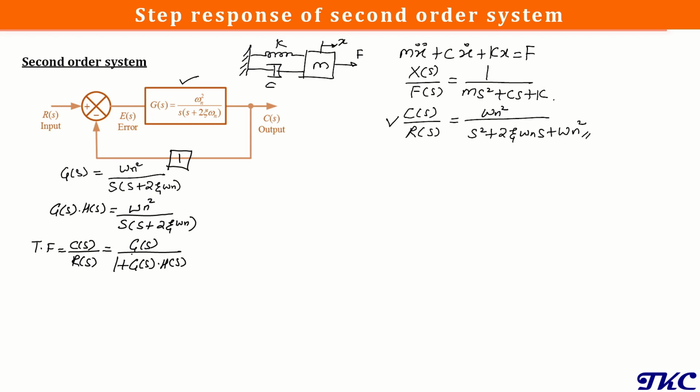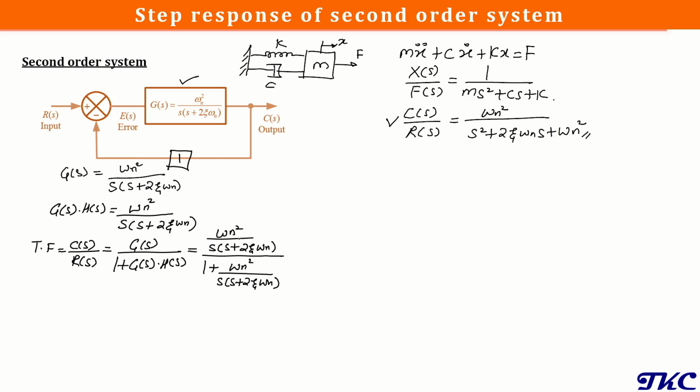By substituting the values of G of s and G of s into H of s in this equation, we can get the closed loop transfer function. So it will be omega n square divided by s plus 2 zeta omega n, divided by 1 plus omega n square upon s in bracket s plus 2 zeta omega n.